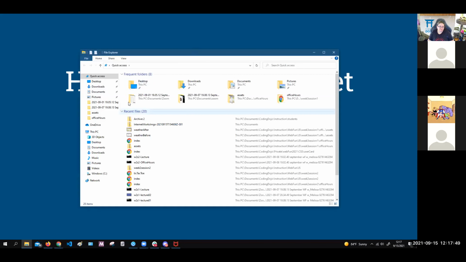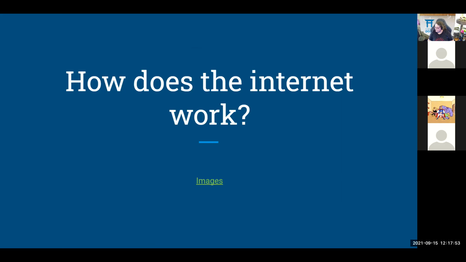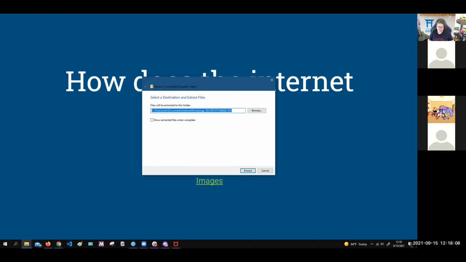So to me, this is how the internet works. There's a bunch of cables underground that are pretty much all over the world, all connected in some way or form, and they send data through each other.